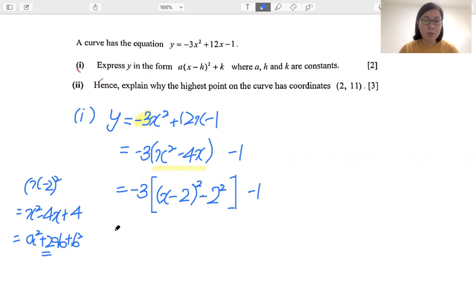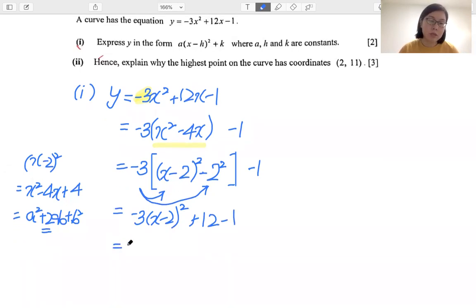With the understanding of this part, what we do next is, right now, let us open up this big bracket. So carefully, this is the first term, -3, x minus 2, whole thing squared. Carefully, -3 multiplied to this -4 will give me a positive 12, minus 1.